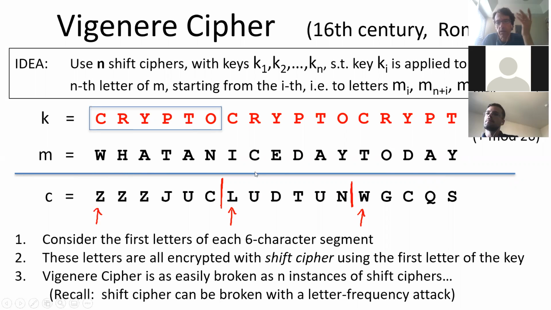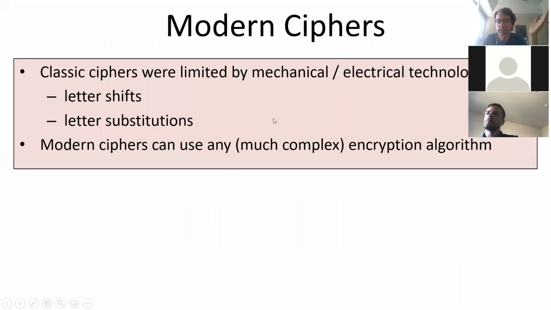But modern ciphers are not limited by this, right? So these traditional ciphers are limited to shifts and substitutions; we can do arbitrary computation, much more complex.